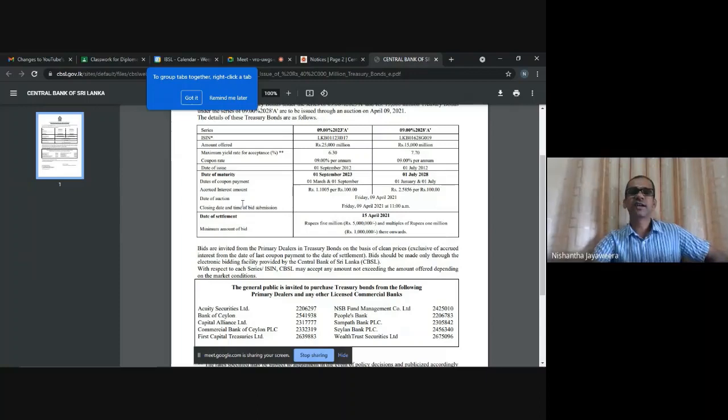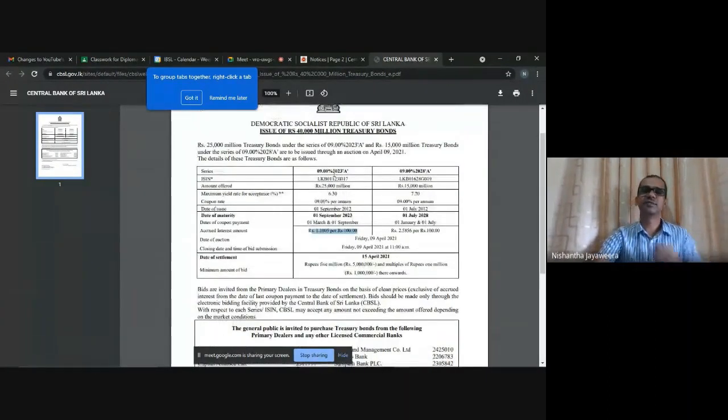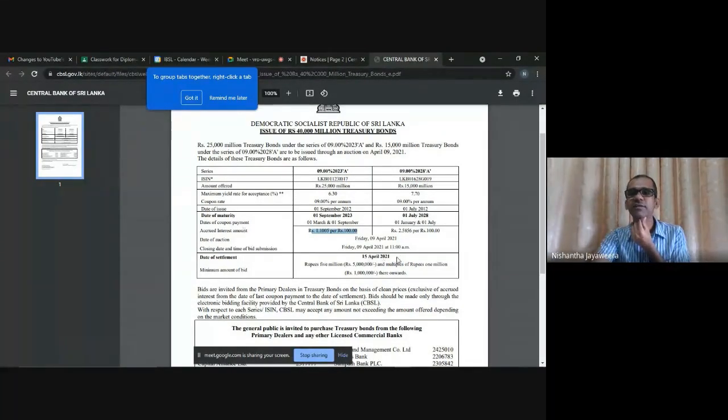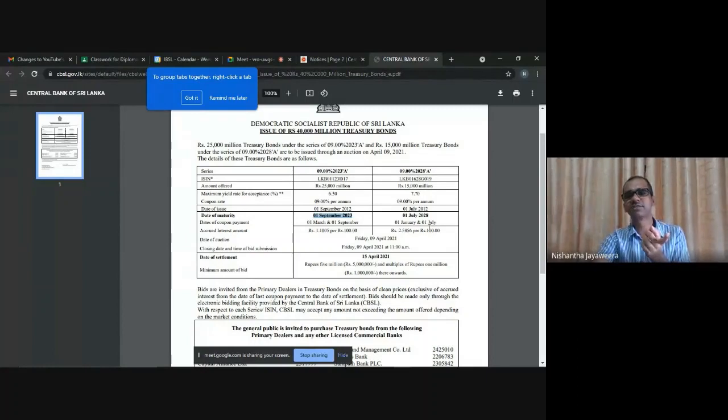So you can see here the accrued interest amount is given. Why? The coupon cycle and the settlement date. The settlement is 15th April, but the maturity is September. The coupon cycle goes in March and September.